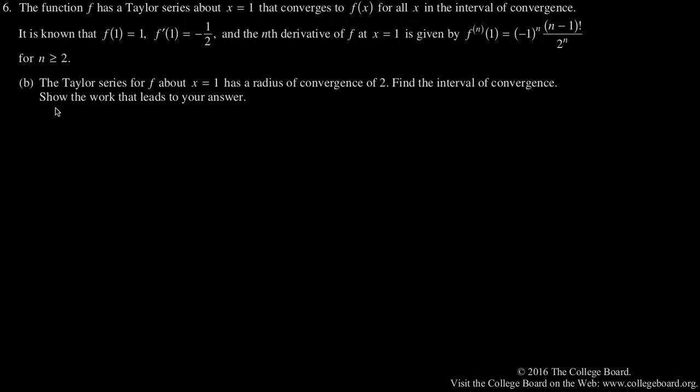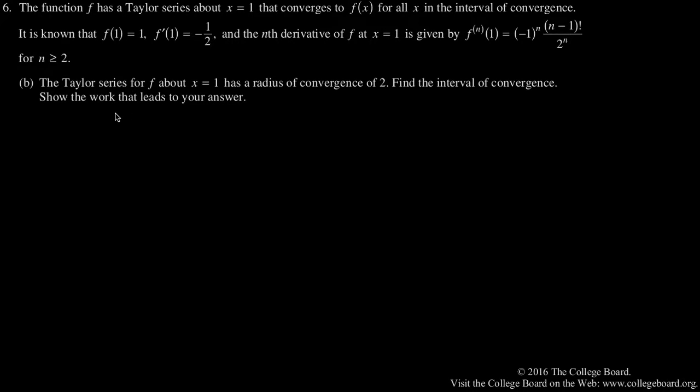All right, for part B, they say the Taylor series for f about x equals 1 has a radius of convergence of 2. Find the interval of convergence and show the work that leads to your answer. Okay, so in here, what I can do is the following.